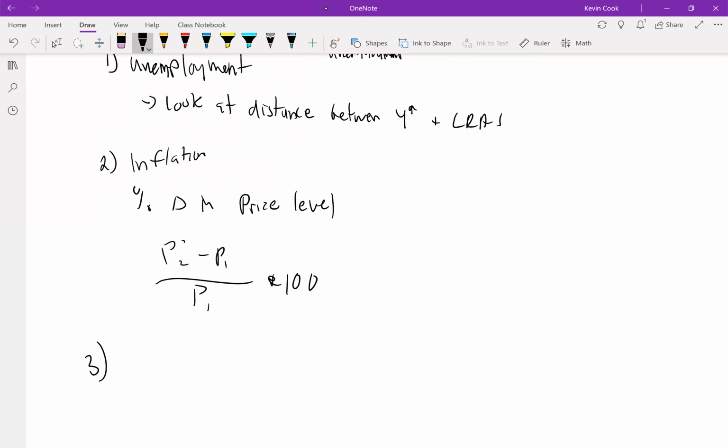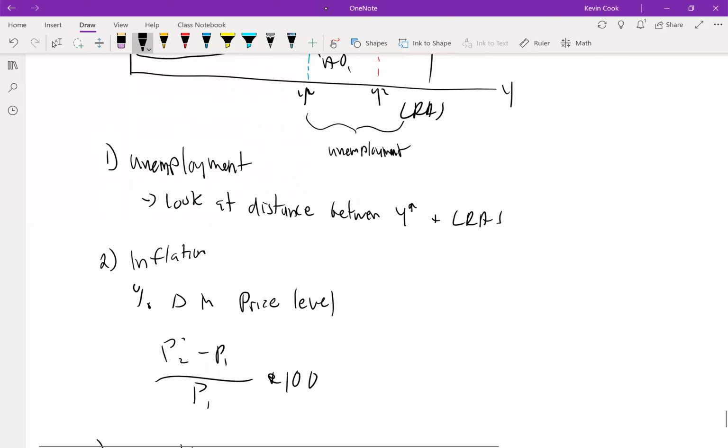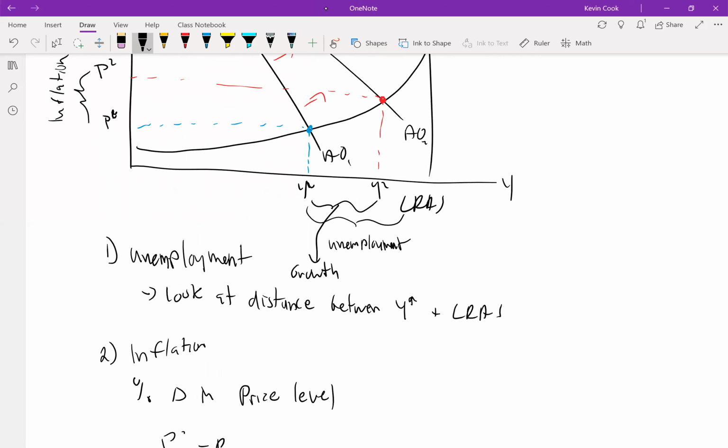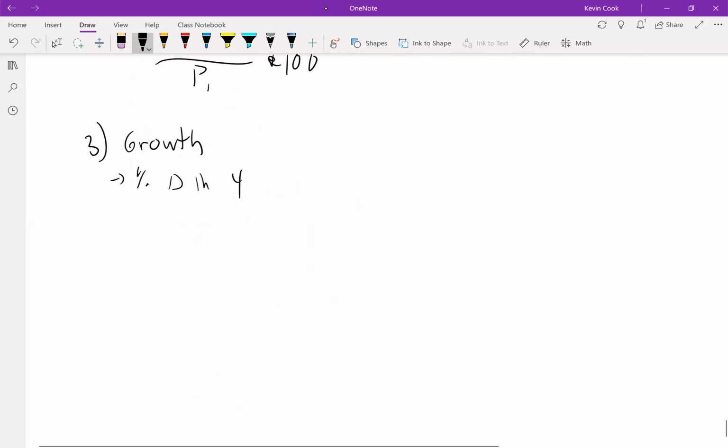Then the third thing we can see is growth. This will be our percent change in output. When we go from Y1 up to Y2, we can see our growth. So there are kind of two ways to see this.